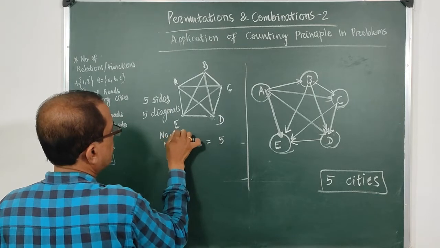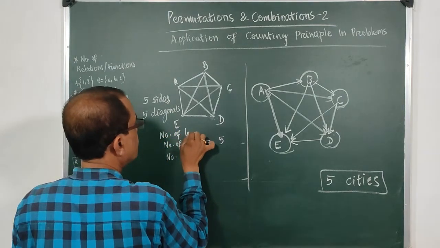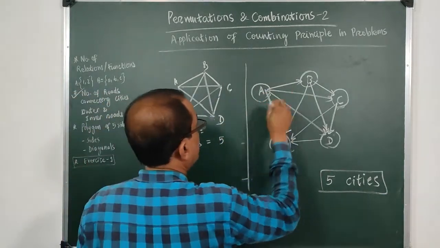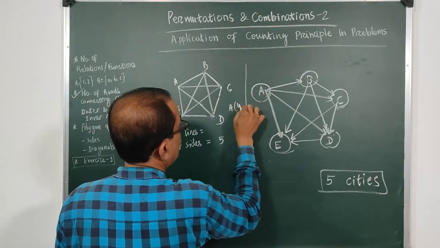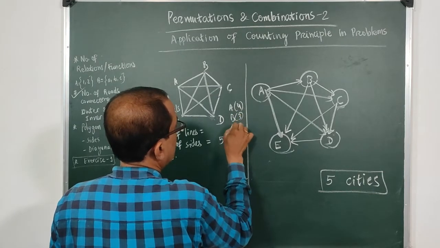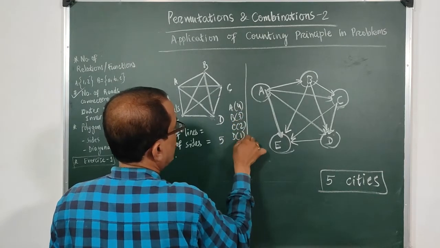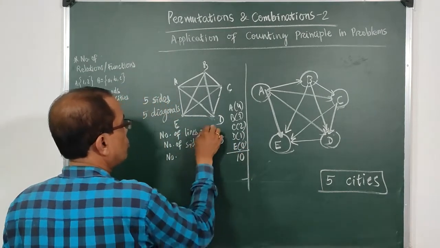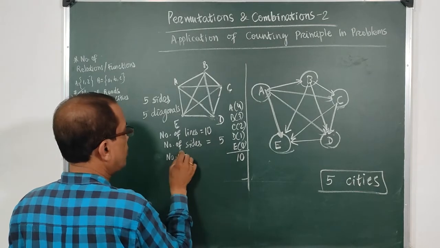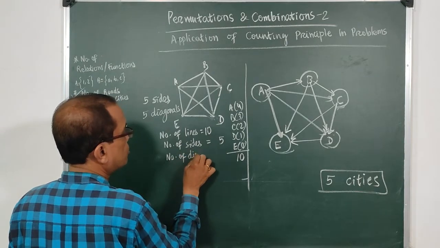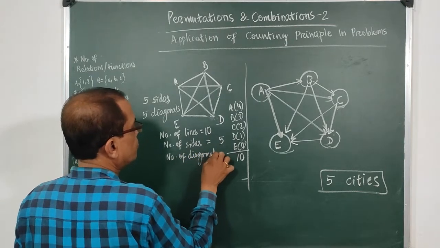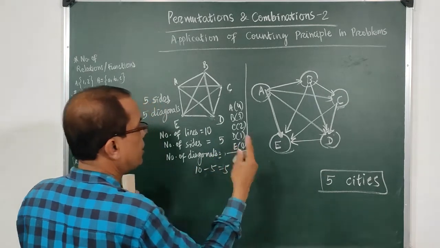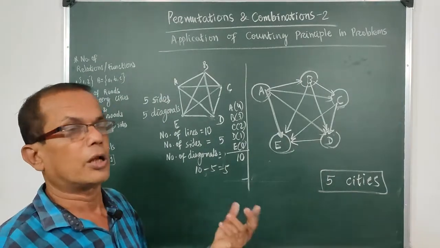Total number of lines: you know that A is connected to 4, B to 3, C to 2, D to 1 and E to 0, and the total is 10. So the total number of lines is 10, the number of sides is 5, and the number of diagonals will be 10 minus 5, which is equal to 5. So it is the same problem, just in another language.